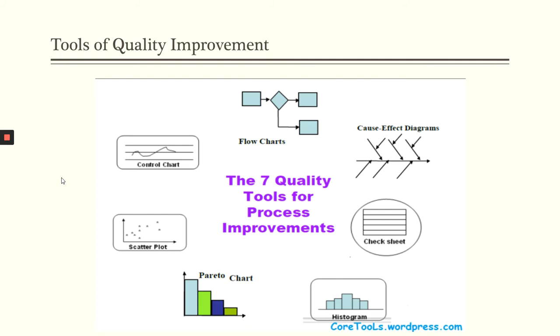And we can group those causes around categories such as environment, types of patients, materials, resources, processes. They can be used proactively to try to prevent any kind of defect in our systems or errors. It could also be used retrospectively to figure out what contributed to a particular defect or error that has already occurred.